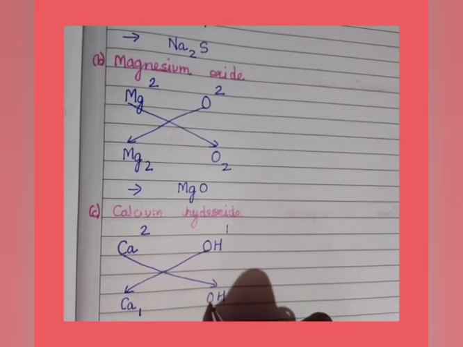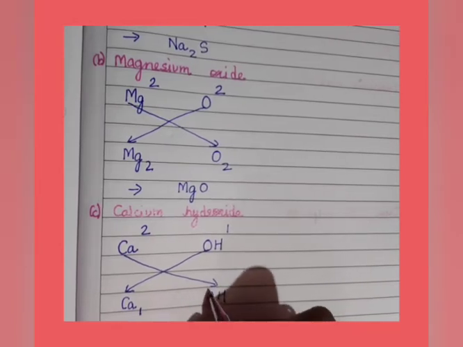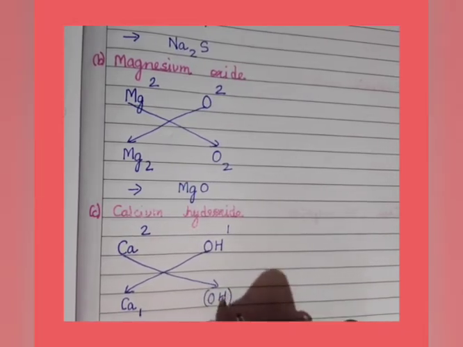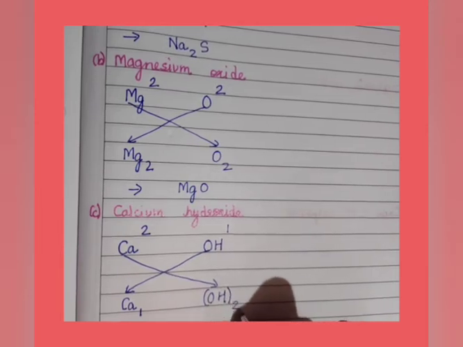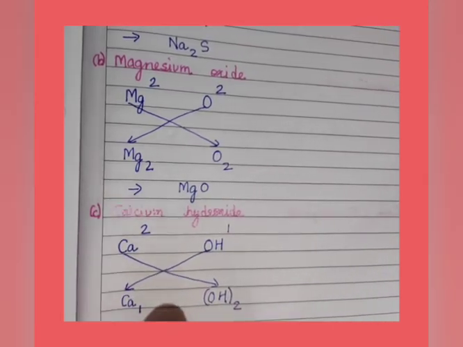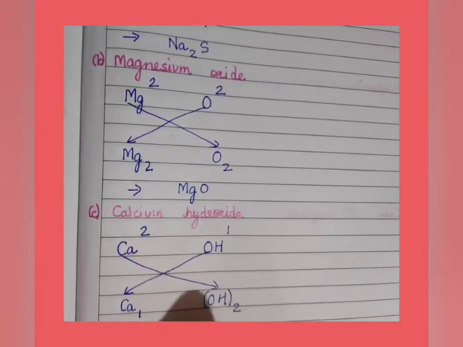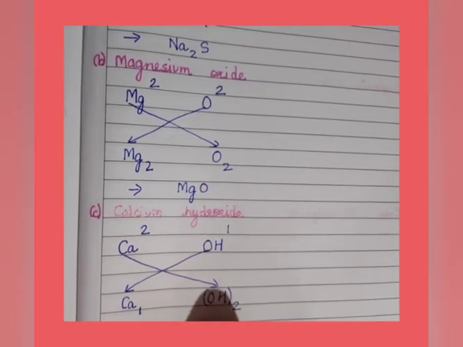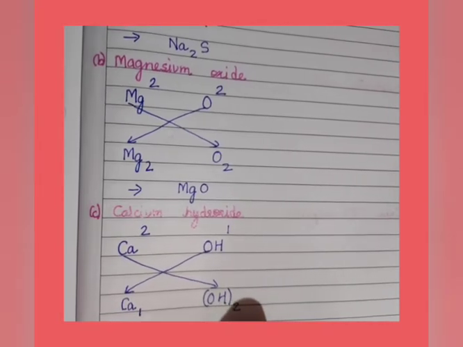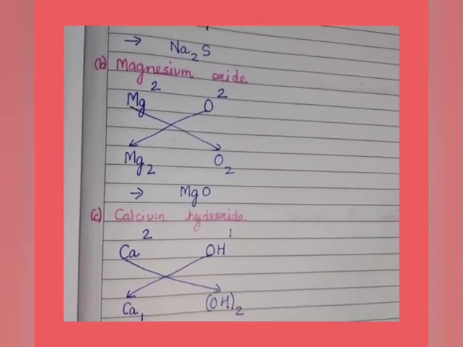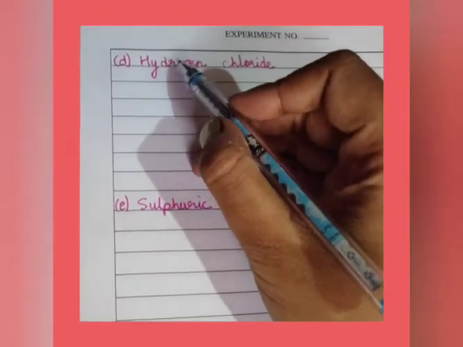But since this is a polyatomic ion, we are going to put OH in brackets and then write the valency. So what is the formula of calcium hydroxide? Ca, we will ignore 1, OH whole 2.